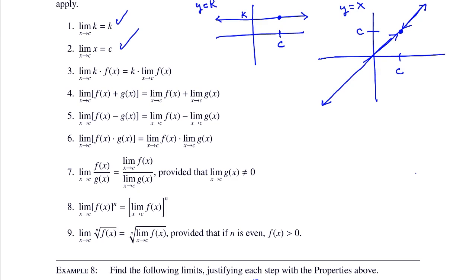Okay? So in other words, limits split up functions that are added, subtracted, or multiplied. A limit will also split up a new function that's been divided, f divided by g, as long as the limit in the bottom doesn't equal 0. Remember, this is one of the rules that we have. You cannot divide by 0. So as long as it doesn't equal 0 in the bottom, we're okay.